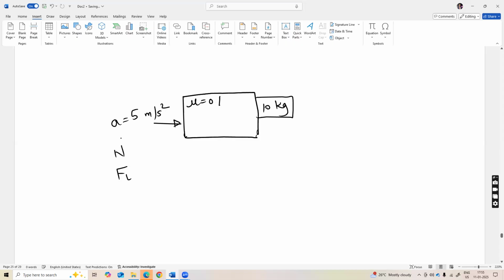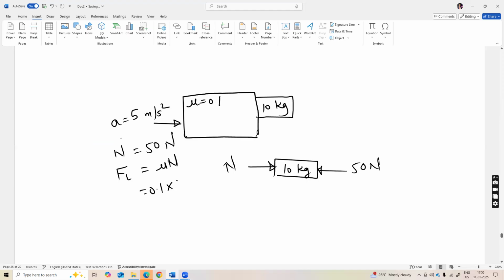If we apply the pseudo force concept to this 10 kg mass, m is 10, a is 5, so it will be 50 Newton acting in this direction. Let's say the normal reaction is N, so it is equal to 50 Newton. And limiting friction is mu N, so it is 0.1 into 50, and that is equal to 5 Newton.